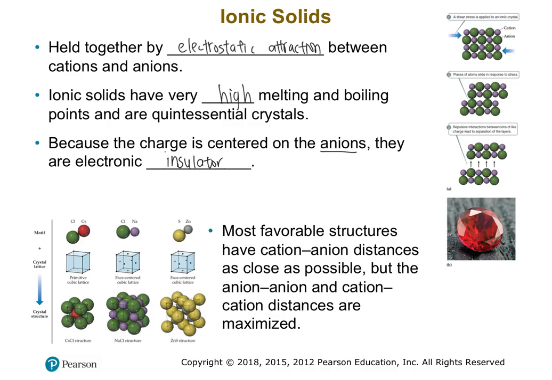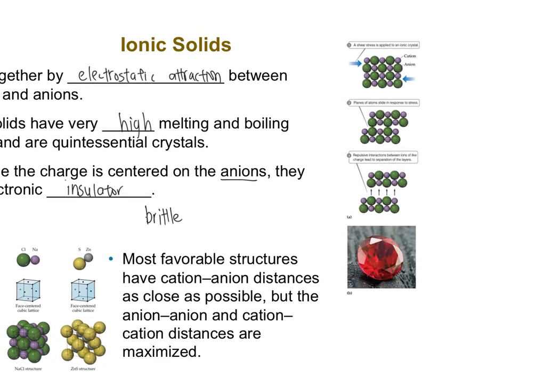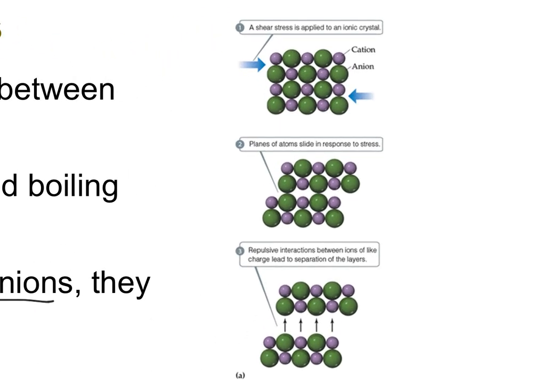Now these tend to be brittle. So let's look at why. If we look here at a single layer of a lattice structure, we have repeating cation, anion, in all directions, and so we have really maximized the attractions here.